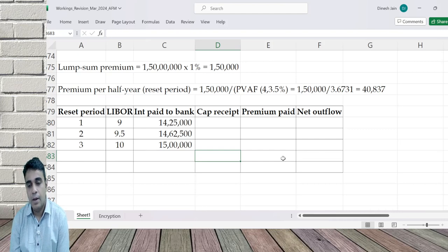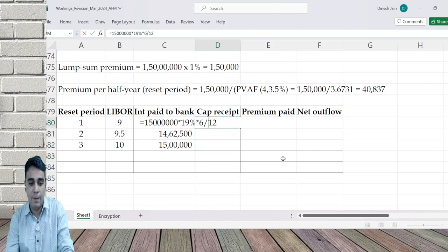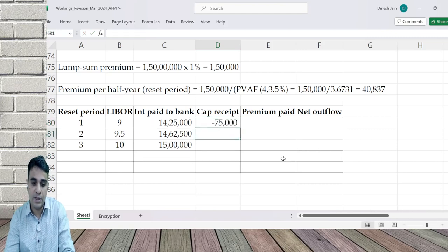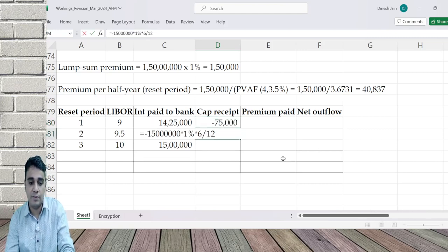Clear? Now, what was the strike rate of LIBOR? Did LIBOR exceed 8? Every time it has exceeded, you will get a compensation. First time you will get 1% compensation. Second time 1.5%.